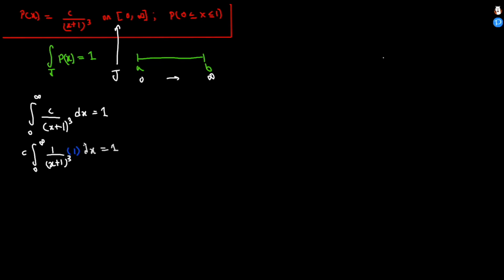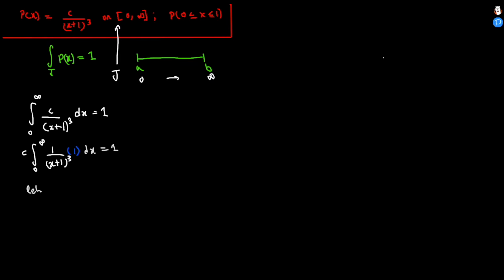What we're looking for is some function that we can set as u, such that when we differentiate that function, that derivative already exists in our main function. If we differentiate this part, we get 1, and we have a 1 out here, so that should be fine. So let's go ahead and do that.